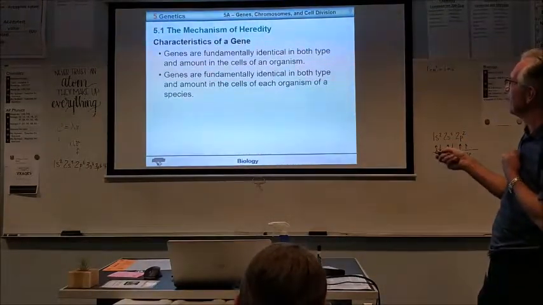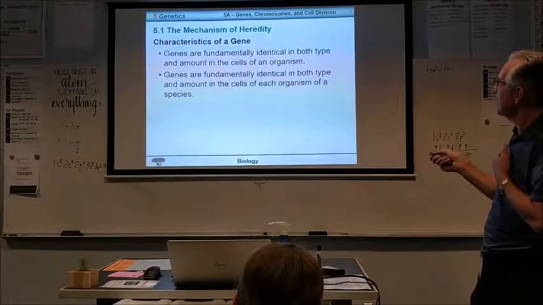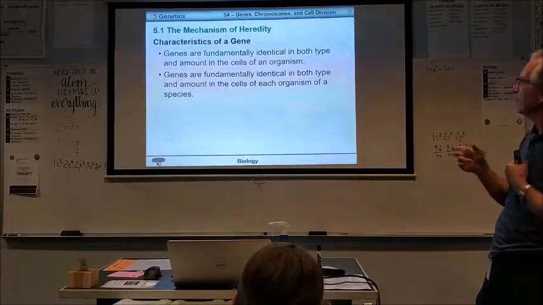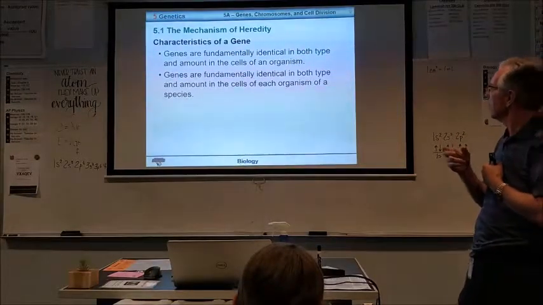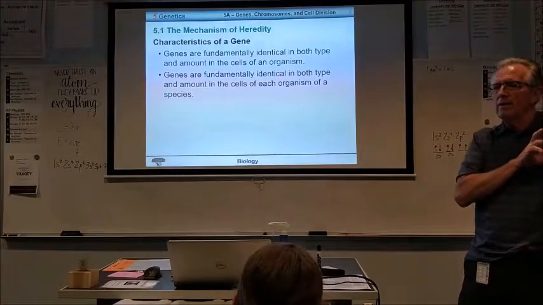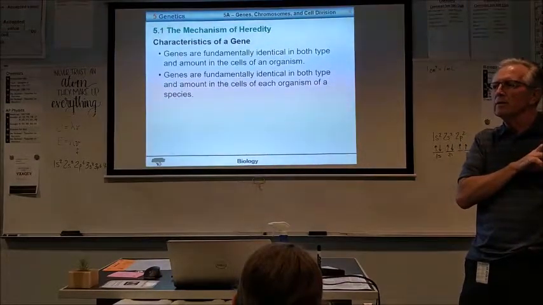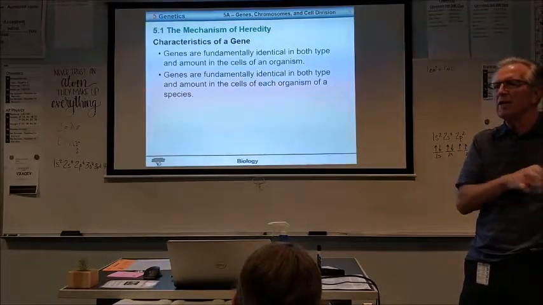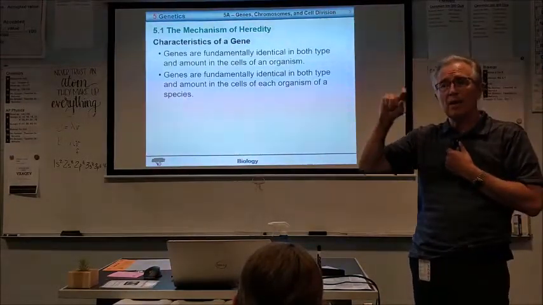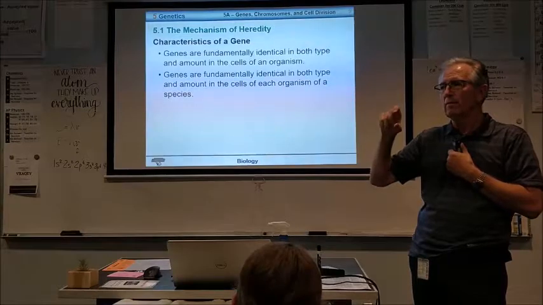Now, genes are fundamentally identical in both type and amounts in the cells of each organism. In other words, you have the same genes for the same things as your neighbor does. Now, which variety of that gene you have will make you look different.